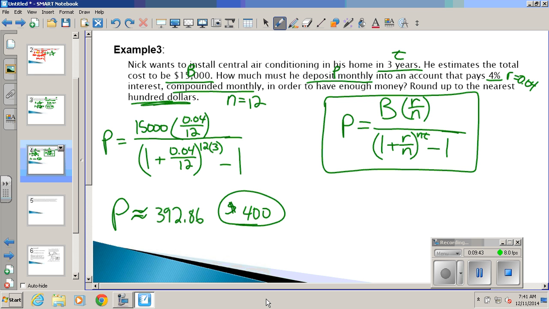Okay? So make sure you put this in your notes. This is present value with regular deposits, depositing in regular or periodic deposits. So this is present value.